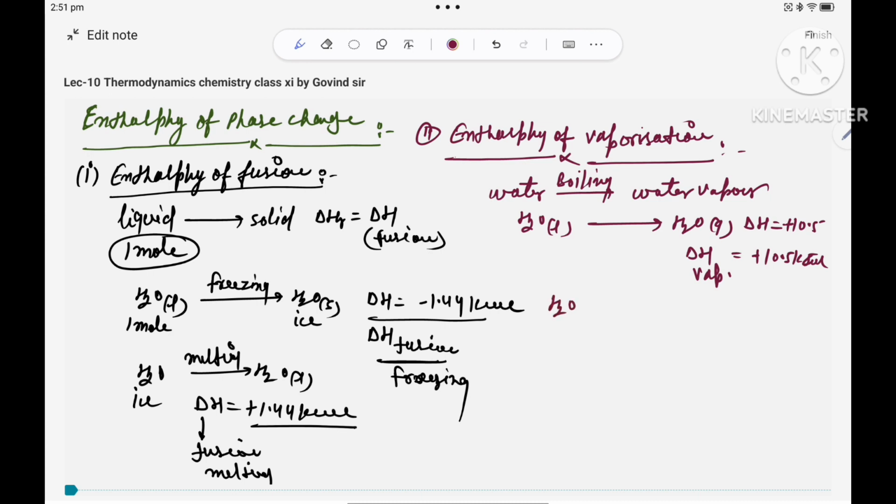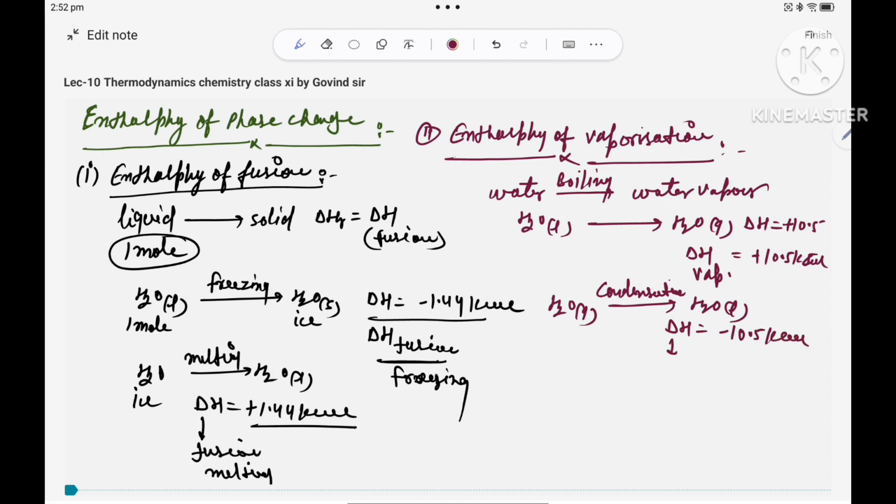Similarly, H2O gas is converted into H2O liquid. How will it be converted? By condensation. And delta H is equal to minus 10.5 kilocalorie.